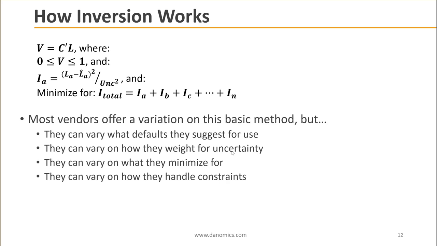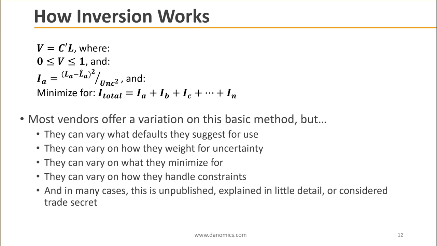I know at least one major commercial package that is doing this in a way that we can show is mathematically inconsistent. And the biggest problem is that in many cases, it's not been published, it's not explained in a lot of detail, or it's considered a trade secret.